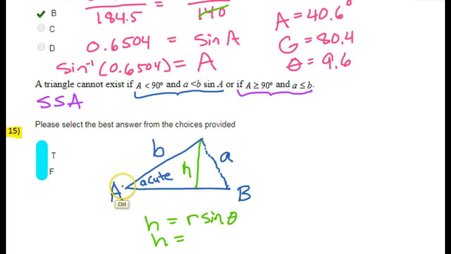When I say r, I'm picturing this as a radius that's rotating around point A. So when I talk about r sine theta, I'm talking about this side, which would become b sine A. So b sine A is the height, and we're saying a is less than the height.